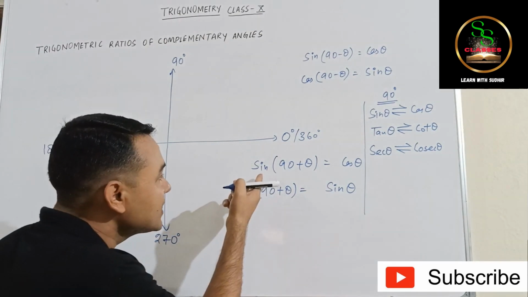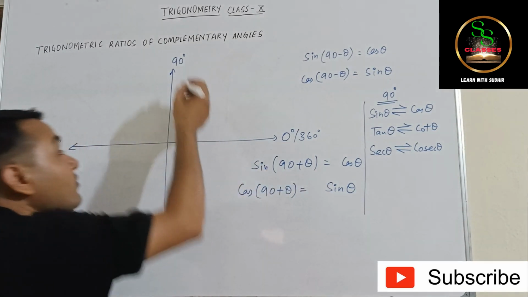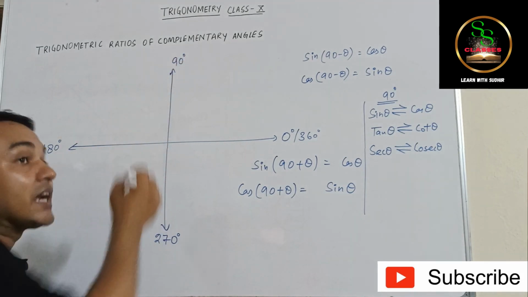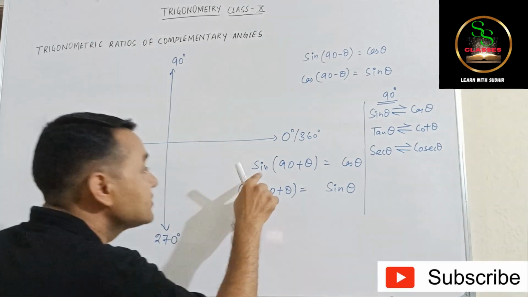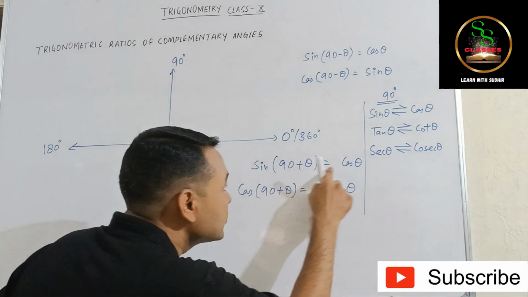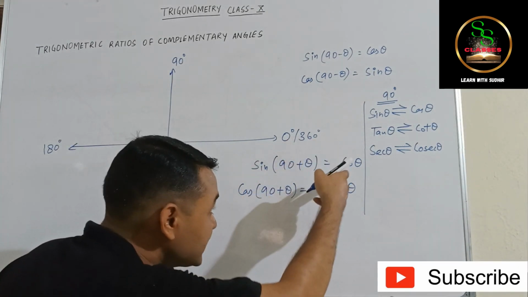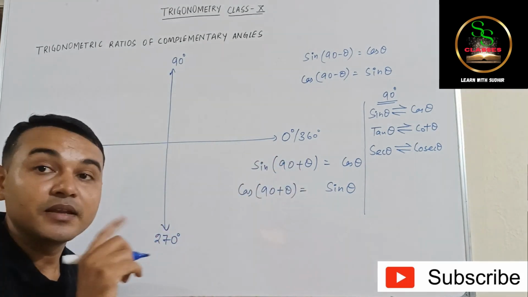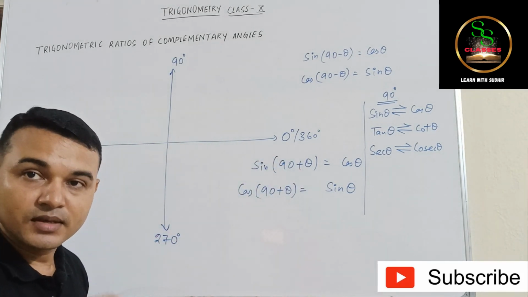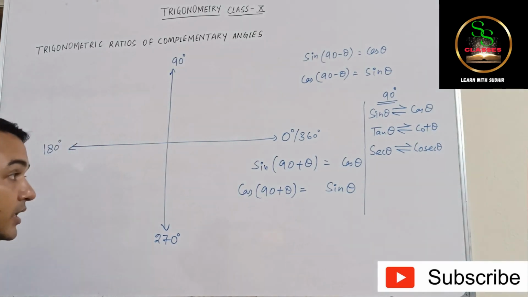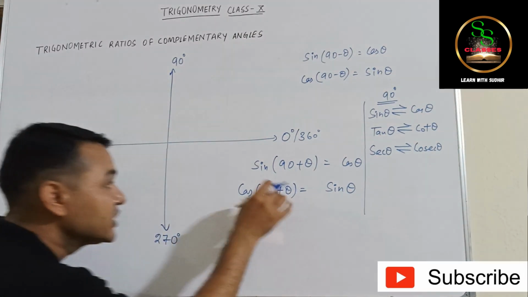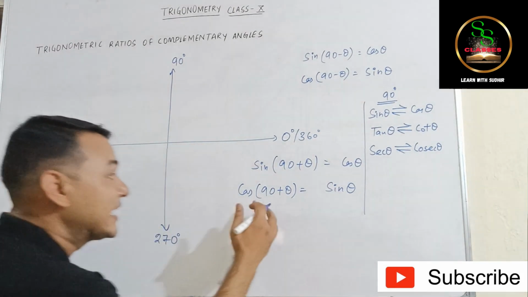So here you can see sin 90 plus theta, we are adding something to the 90 degrees. It means we are moving into the second quadrant. In the second quadrant, sin theta is positive. That is why sin will change to cos, but it will still be positive. This value will be positive. Right? Okay.